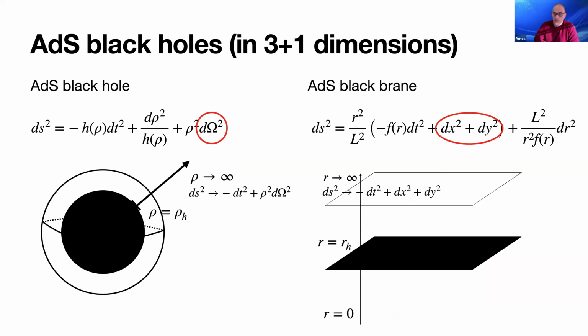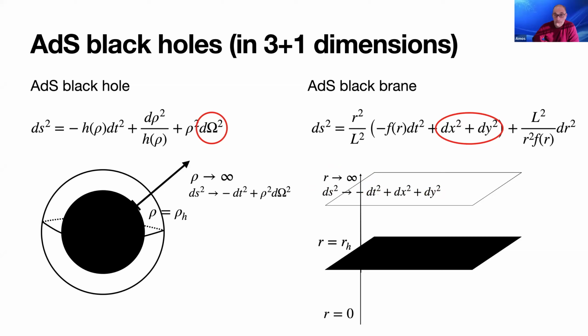On the other hand, here, the extra direction is an entire plane. So at some value r equals r_H, I'm going to have an event horizon, which is now planar. And I'm going to have infinity, where the line element is going to be proportional to this expression here.